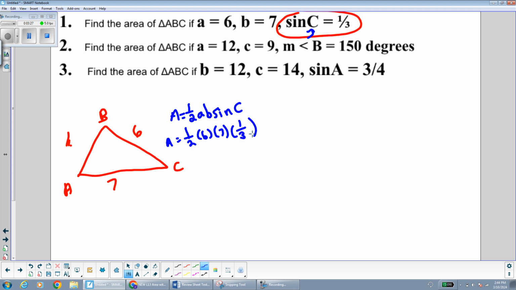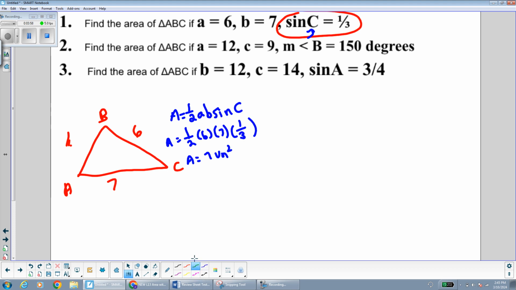I'm going to take a second and plug this into my calculator: 1/2 times 6 times 7 times 1/3. And we get that the area is 7 units squared.